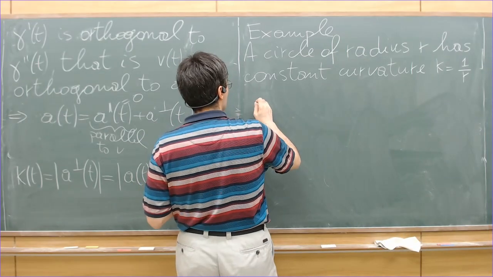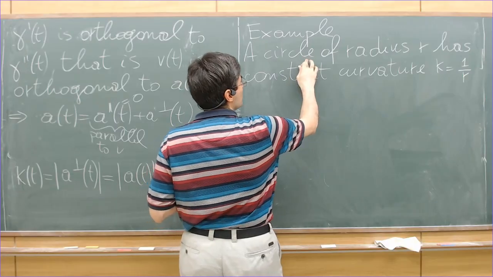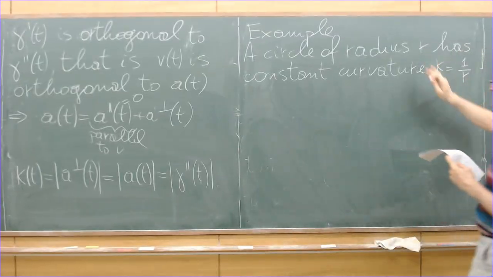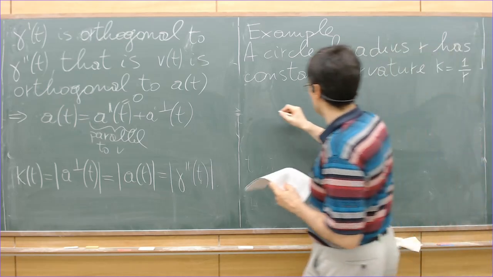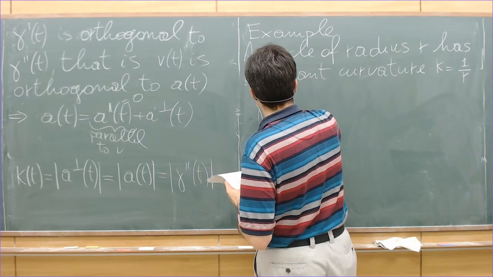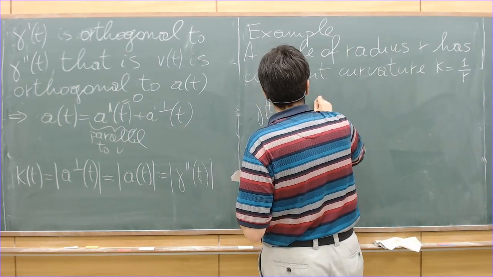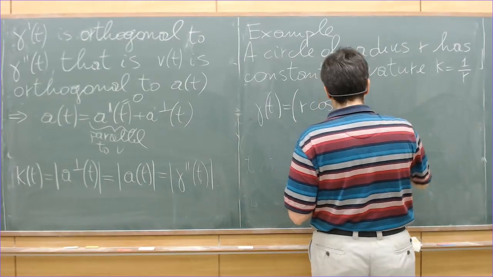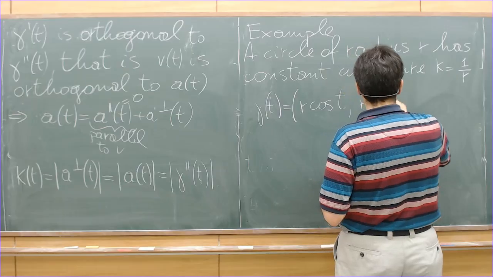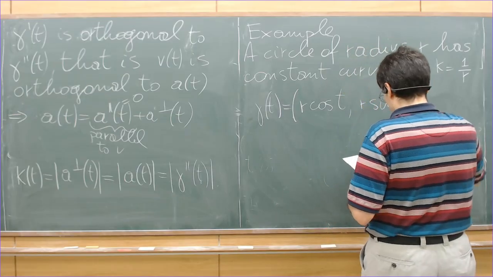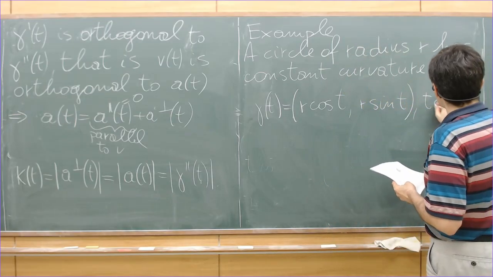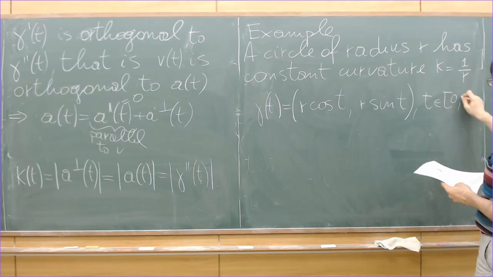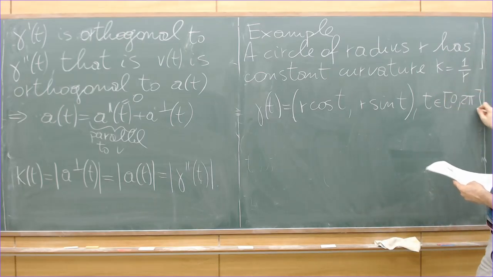A parameterization of a circle of radius r is gamma of t equal to (r cosine of t, r sine of t), with t in 0 to pi.